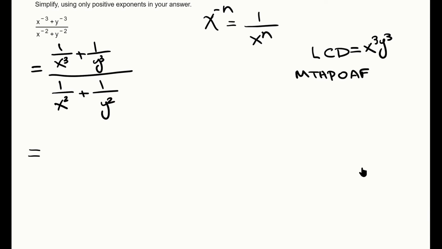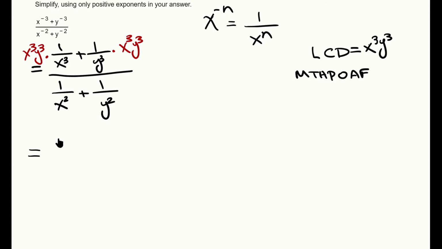What we will do now is multiply that LCD, x cubed y cubed, on the top, and of course we have to distribute. So let's distribute right away so we don't have to rewrite all this again. We get x cubed y cubed multiplied by both of those terms, and we do the same down here in the main denominator of the complex fraction.